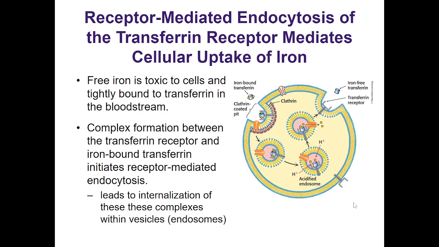So this is the receptor-mediated endocytosis of the transferrin receptor. This will mediate the cellular uptake of iron. Free iron is actually toxic to cells, and is tightly bound to transferrin in the bloodstream. Have you guys ever heard of soap scum?